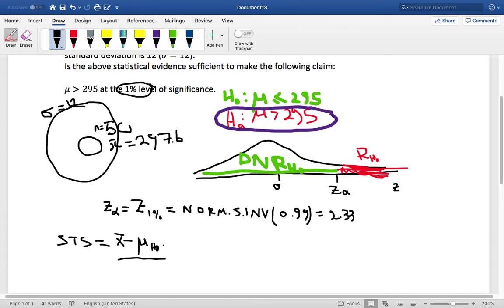And we're going to divide that out by sigma over the square root of n. So sigma was 12, n is 50. So let's see what that comes to. X bar is going to be 297.6 minus mu of H0, 295.